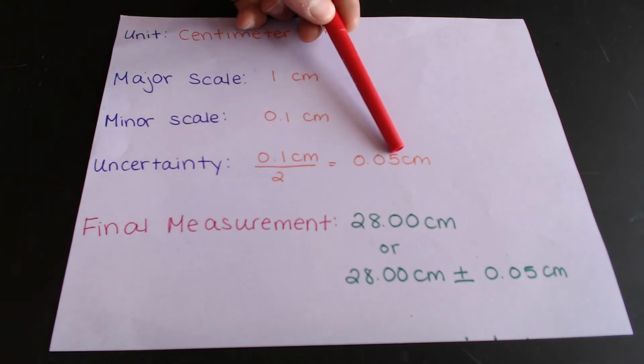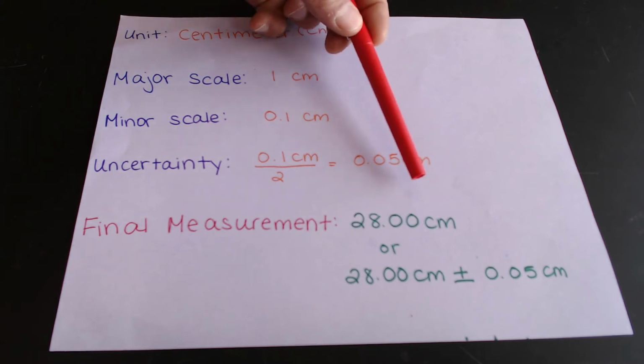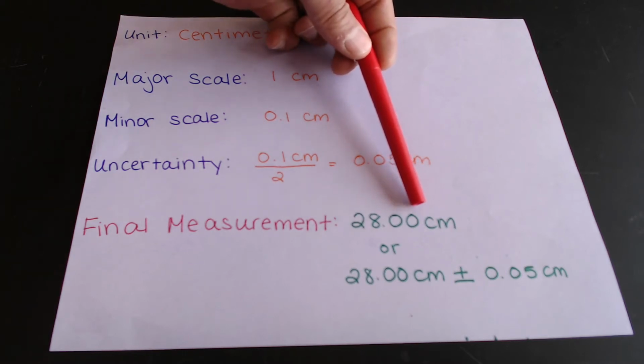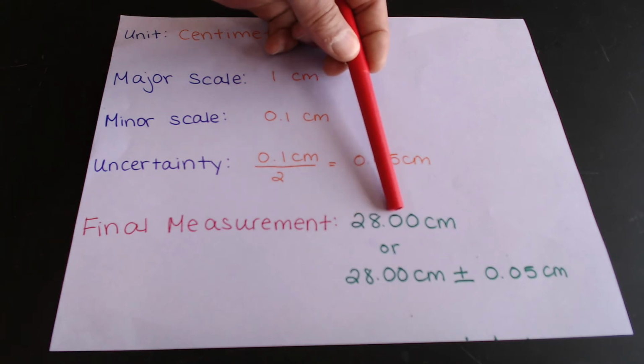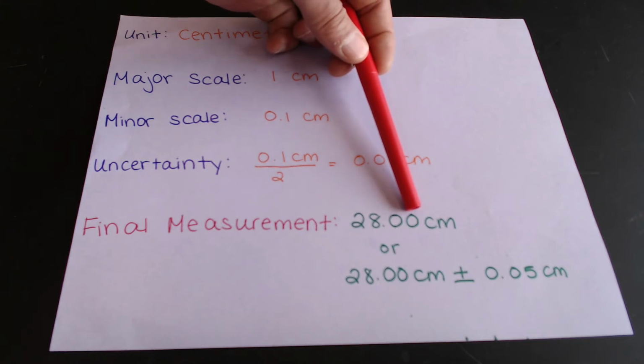This digit is sometimes referred to as your estimated digit or estimated place value. So again, the 28 comes from the ruler, the 0 comes from the marks on the ruler again, but your last place value is a place that you're going to estimate.